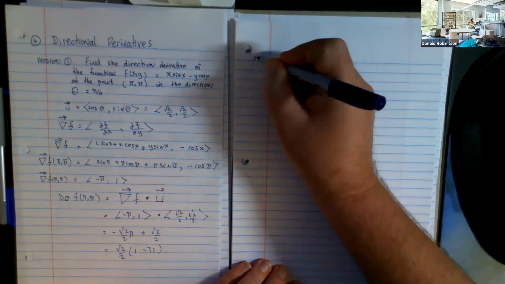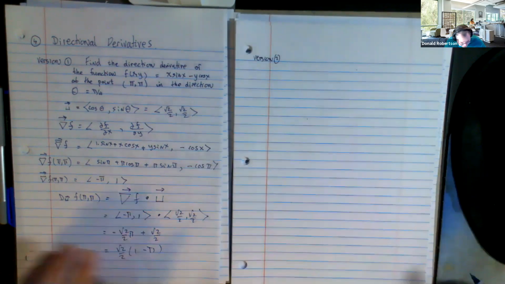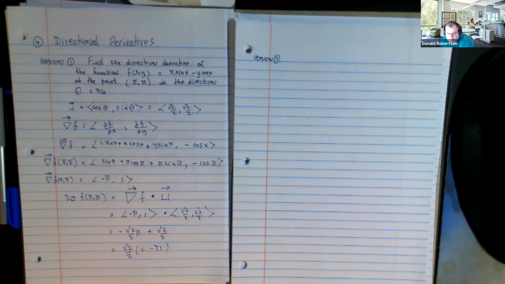Okay, let's do a version 2. It's still going to be find a directional derivative, but this time you won't be given the angle theta in which the direction is described. Instead, you're going to be given a vector v. So it might be in the direction 2, 1, or something like that.